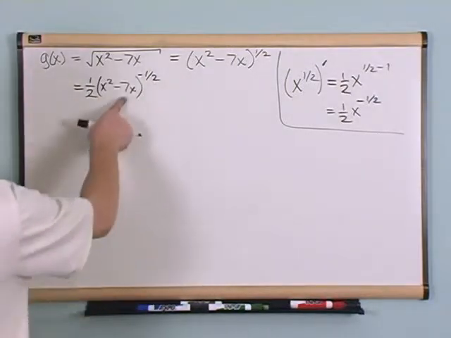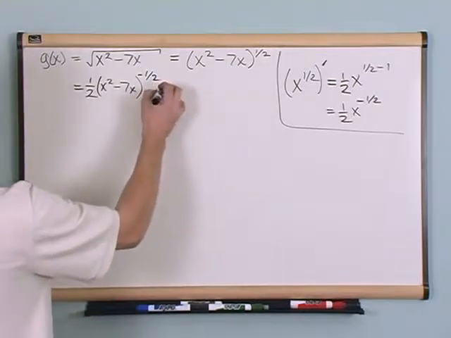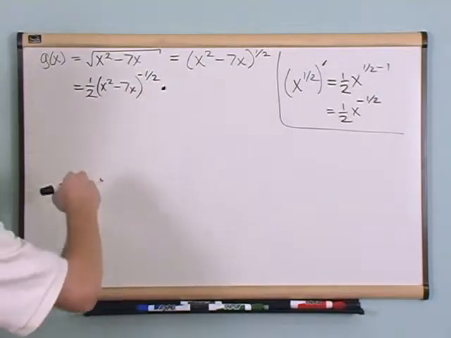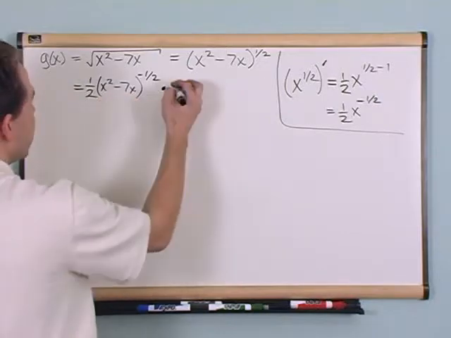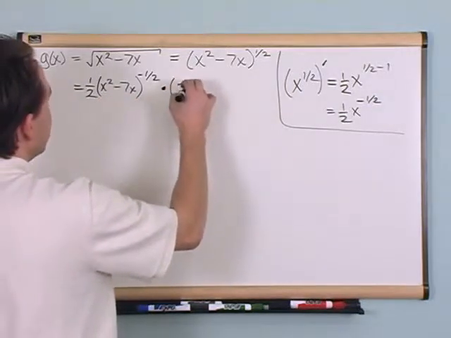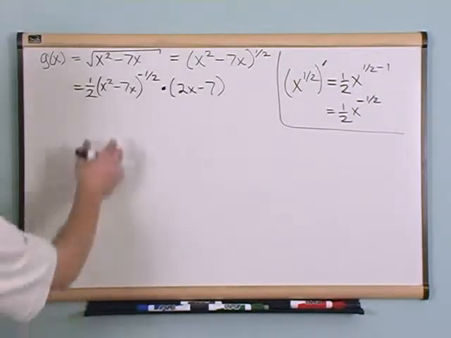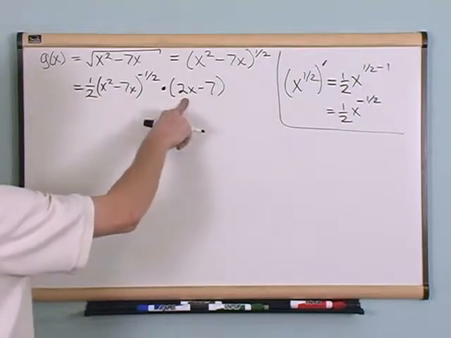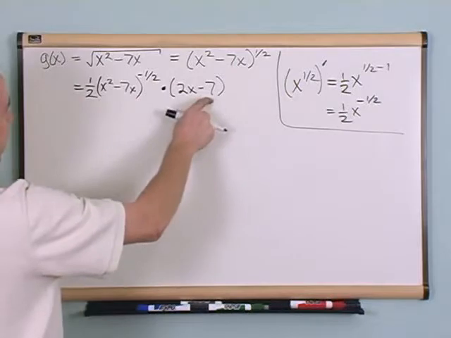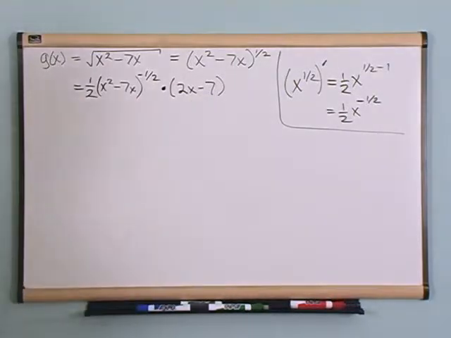But because this is not x, you've got to multiply times the derivative of the inside. The derivative of the inside is simply 2x minus 7, right? Because the derivative of x squared is 2x, the derivative of minus 7x is minus 7, and we've already learned that before.